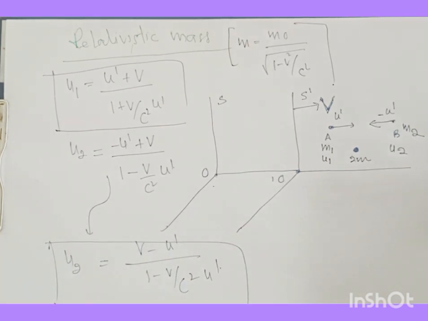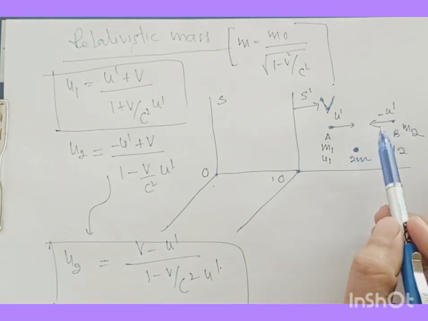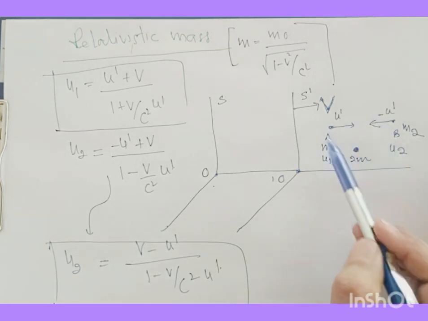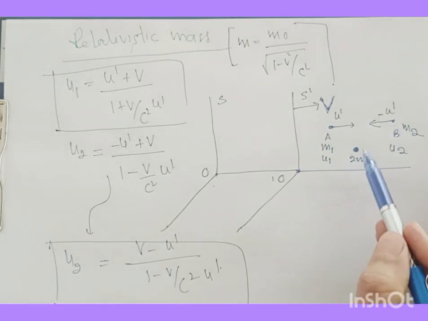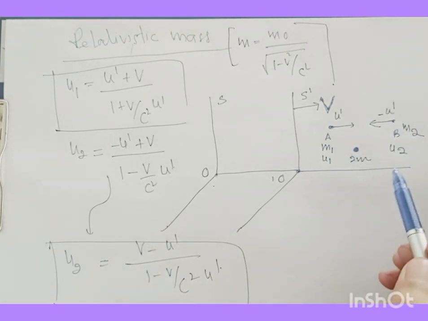Now, what is happening to the linear momentum in this case? Linear momentum is conserved in all inertial frames of reference. So the total momentum of the balls before the collision must be equal to the total momentum of the balls after the collision.